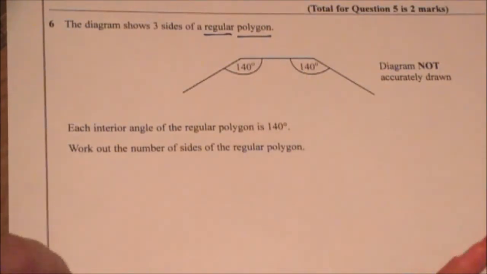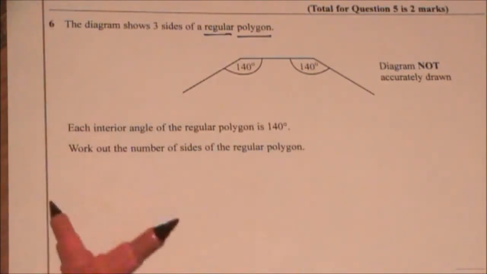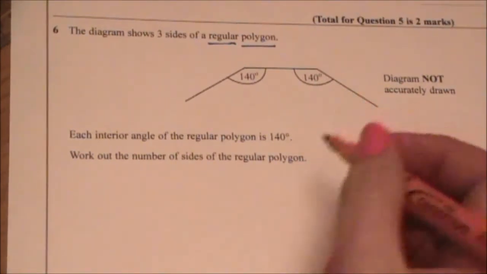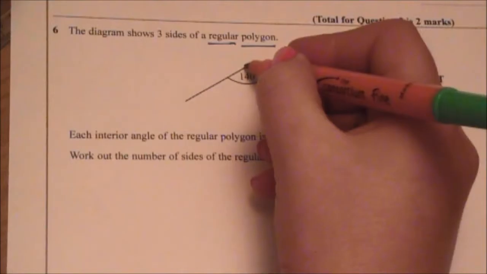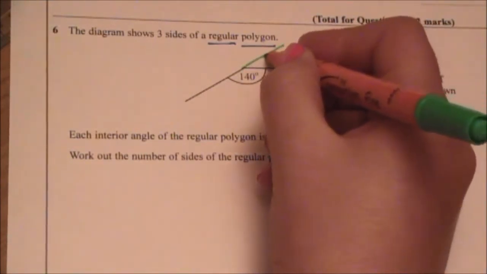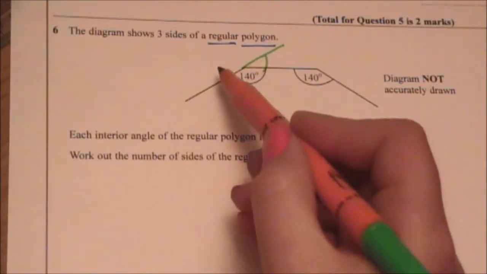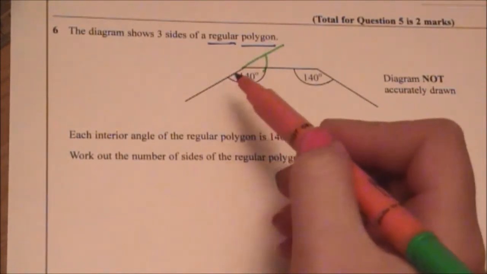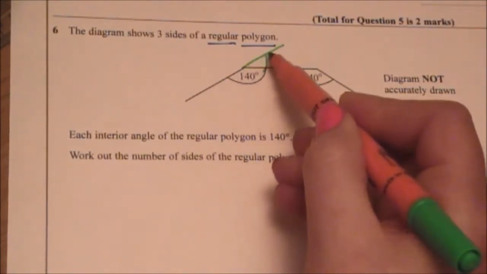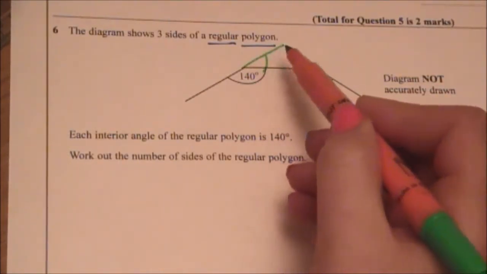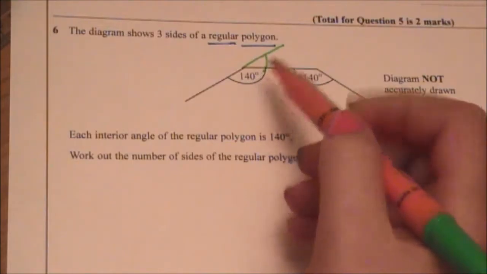So we know the interior angle is 140 degrees. Now, in order to make a link between number of sides and angles, we need to know what the exterior angle is. Now, don't be tricked into thinking the exterior angle is going to be all of this. It's not. The exterior angle forms a straight line with the interior angle, and they total to 180.